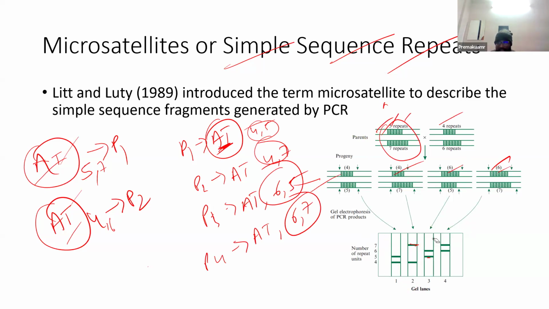You can easily say these progenies are all different. And you can also say that all of them carry the bands of the parents, meaning all the progenies belong to these parents and they are all different. Like this, you can distinguish.